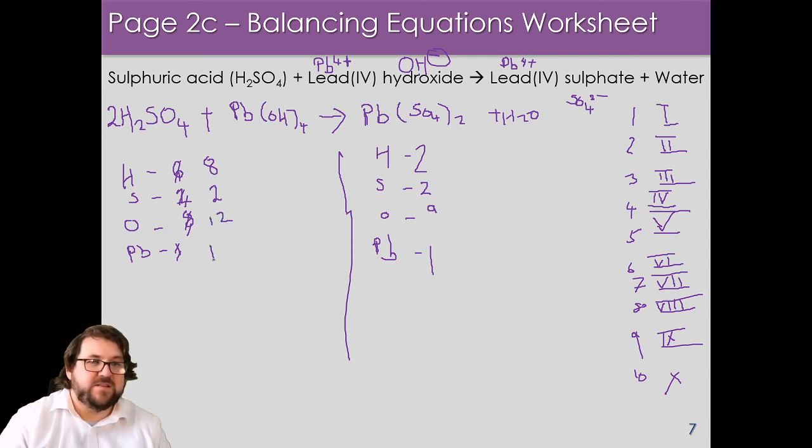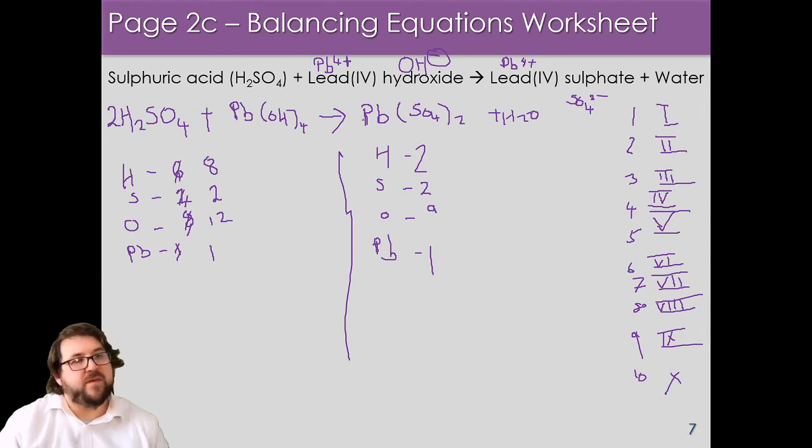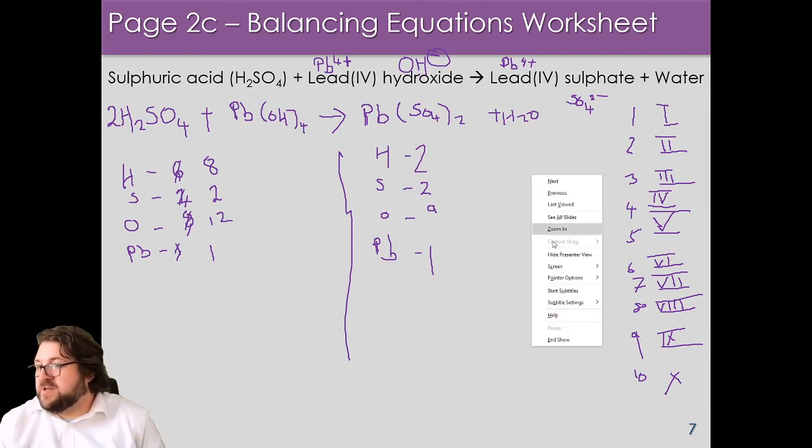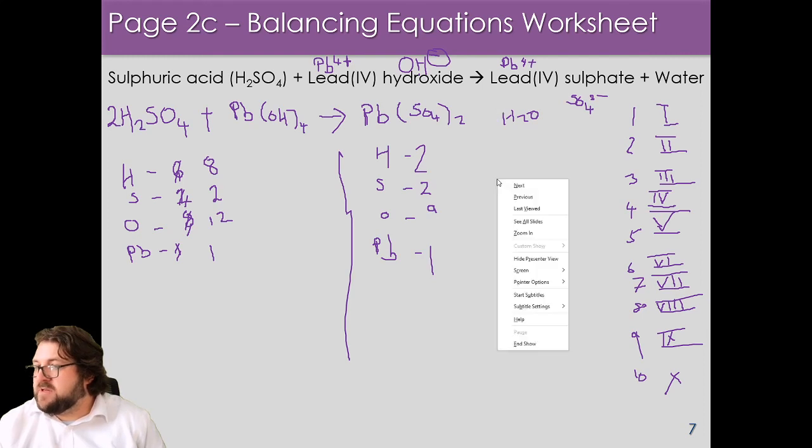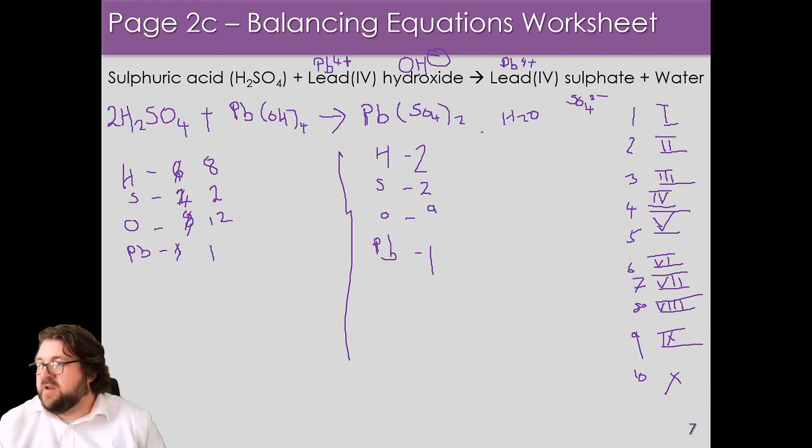And lead, I've still only got 1. Okay, so now I've got sulfur and lead all balanced. The oxygens aren't balanced and the hydrogens aren't balanced, but that suggests that what I'm going to do is mess with the water instead. Now I'm noticing that I haven't given myself very much space in front of the water, so I'm just going to erase that plus and then pop a new one in like that.